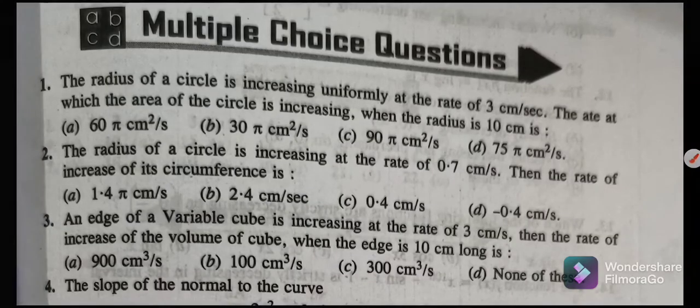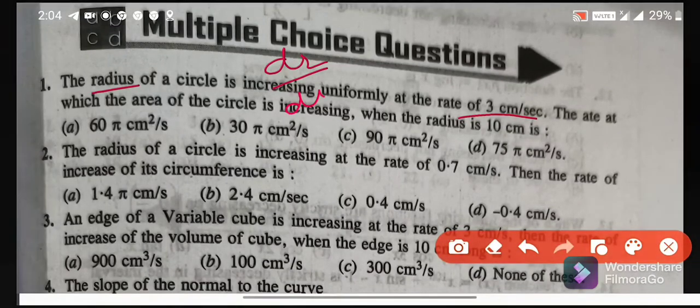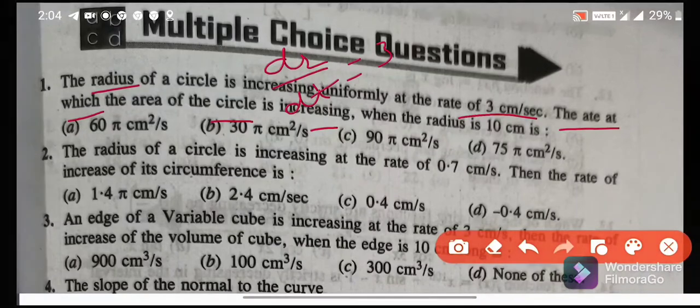First question, the radius of a circle is increasing uniformly at the rate of 3 cm per second. Now the rate of change of radius, that is dr/dt, is given as 3 cm. Now the rate of area of the circle is increasing when the radius is 10 cm. Now area is equal to pi r square.